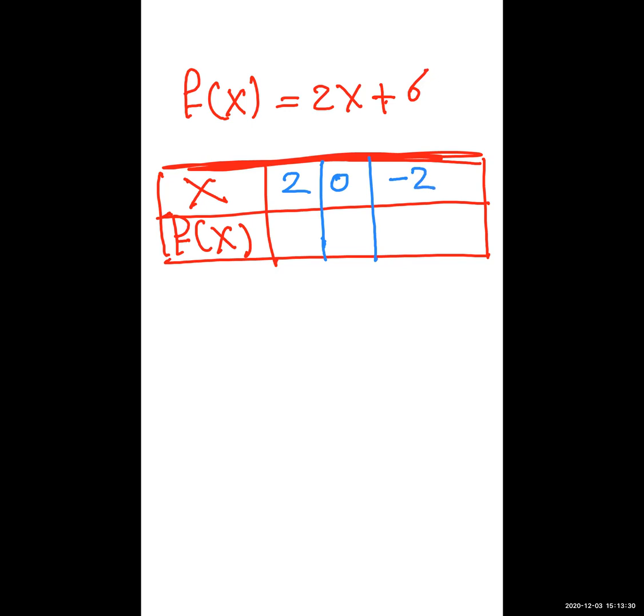Guys, take care. If there is a fraction here, I mean like if we represent this one, x over 2 plus 5, and you assume that x will equal 3, for example, you will get 3 over 2 and so on.